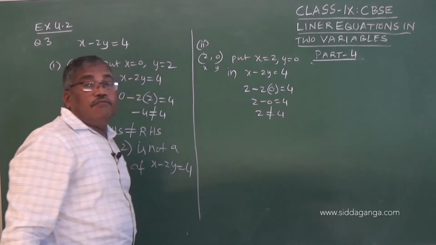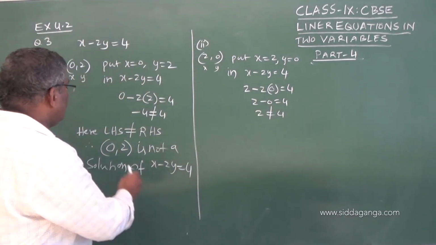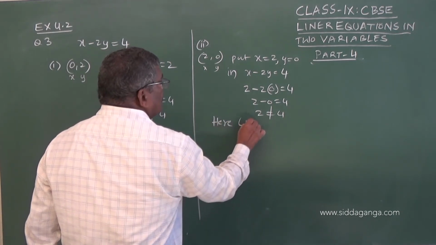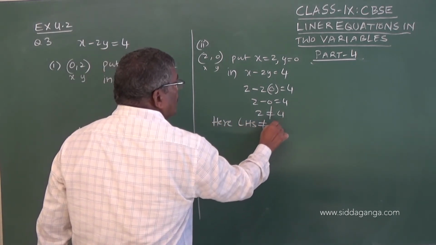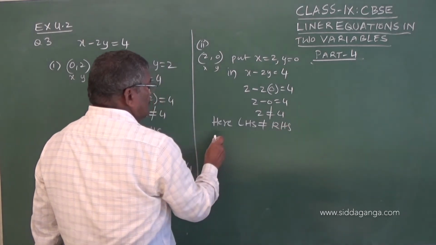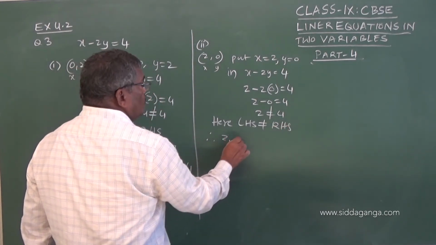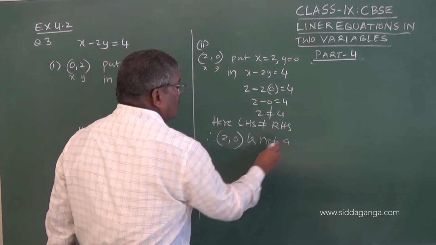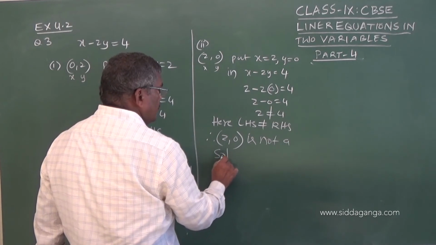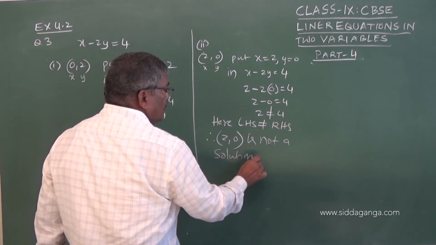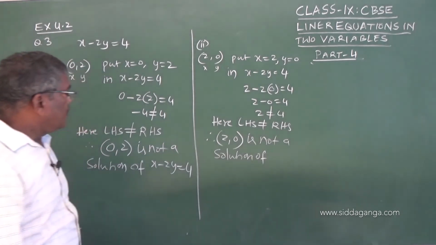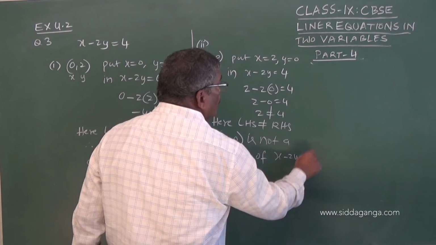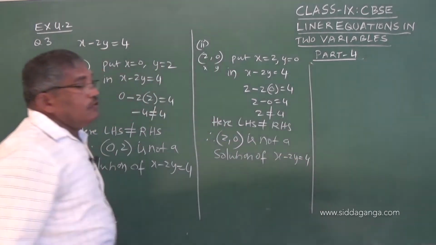It cannot be, not equal to. Same reply here: LHS not equal to RHS. Therefore, (2, 0) is not a solution of the given equation x minus 2y equals 4.